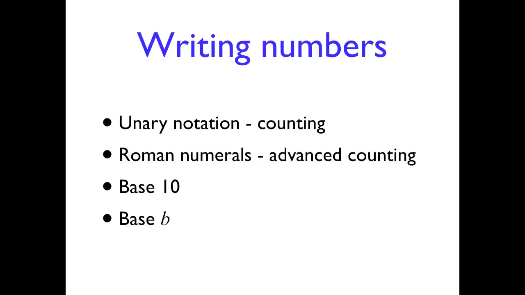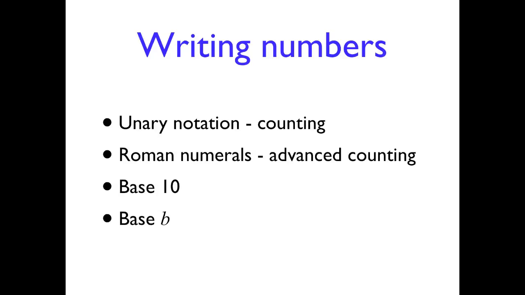So just a really quick history of representing numbers. The oldest is probably what I'm calling unary notation, which is just counting, just writing one tick mark per item. And then Roman numerals is sort of advanced counting, where there are different letters for different units, but really you're just repeating that letter to represent that many repetitions of the unit, basically.